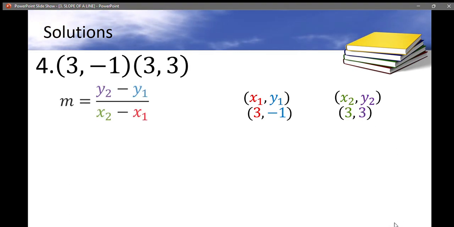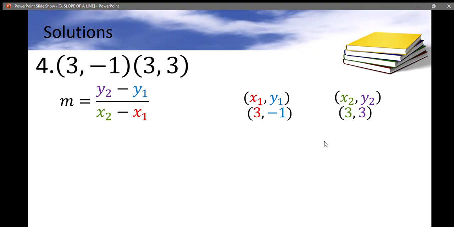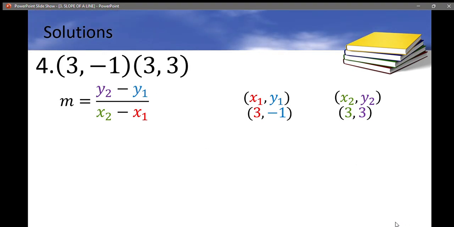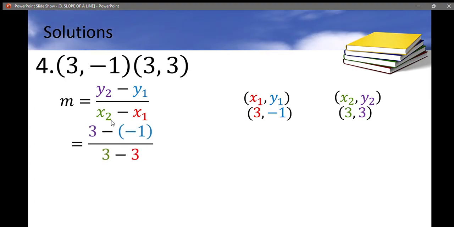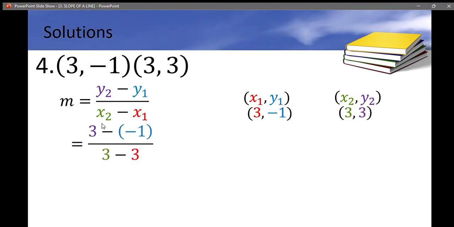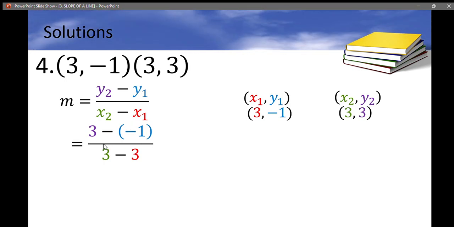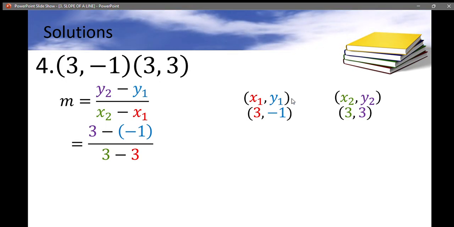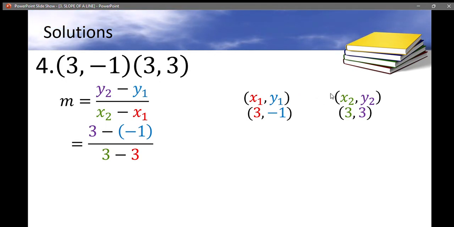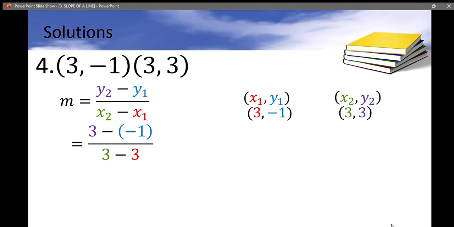Then let us substitute this given to our formula for slope, and it will become 3 minus -1, that is y sub 2 minus y sub 1, all over 3 minus 3, x sub 2 minus x sub 1, where x sub 1 is +3.